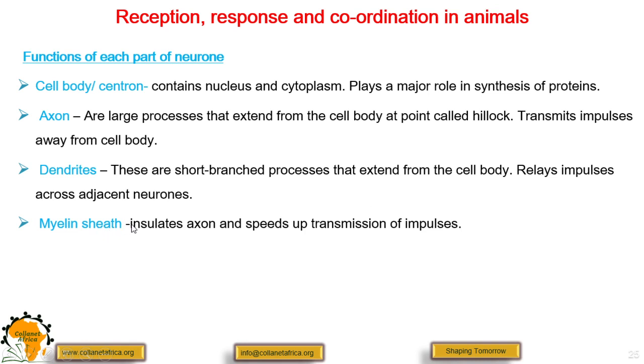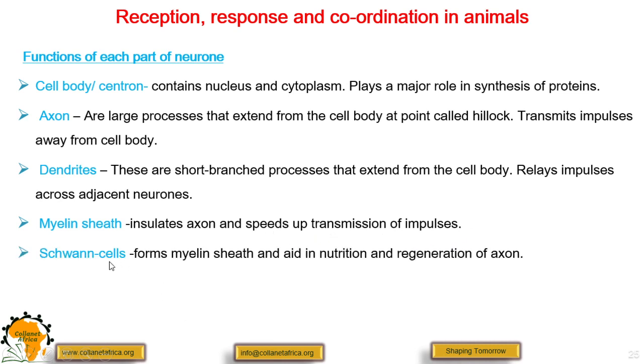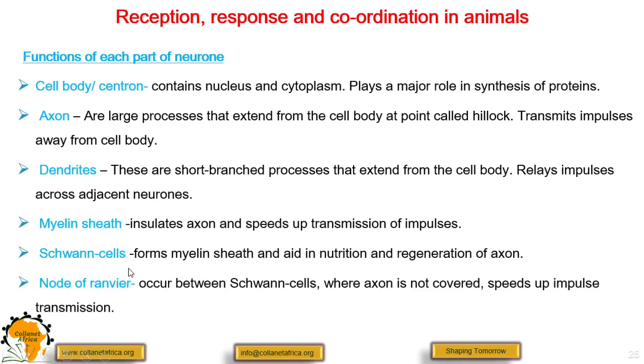The myelin sheath covers the axon, and it speeds up transmission of impulses. The other one is the Schwann cells, which form the myelin sheath and aid in nutrition and regrowth of the axon.